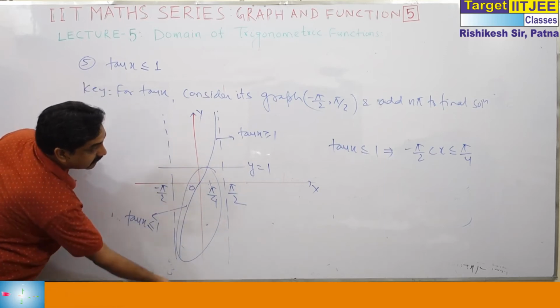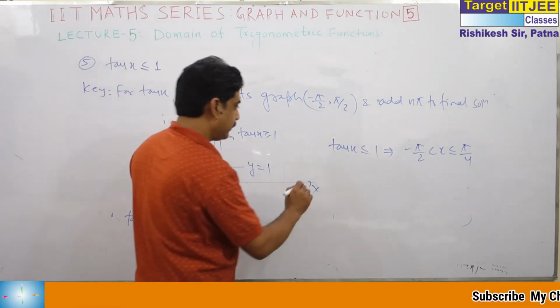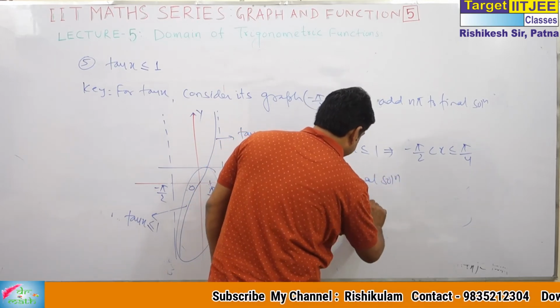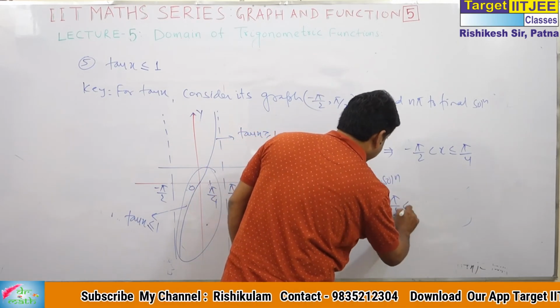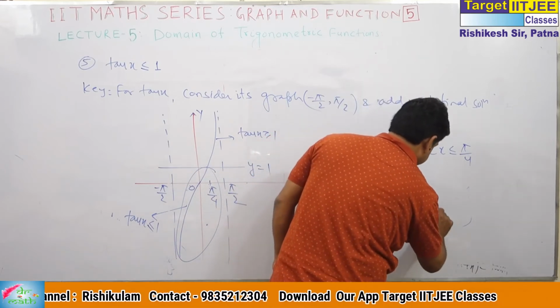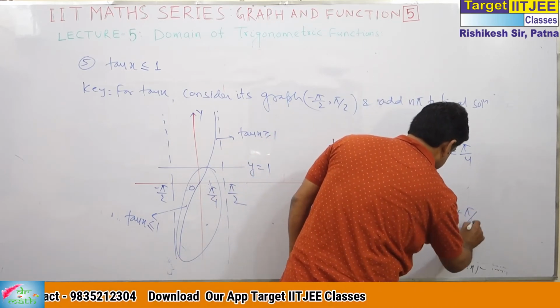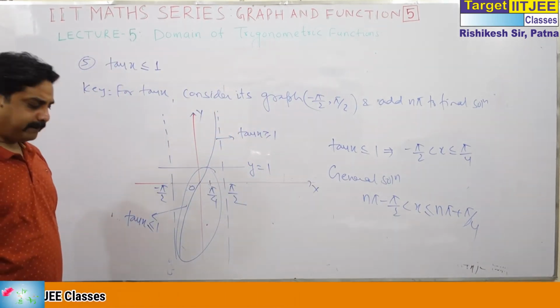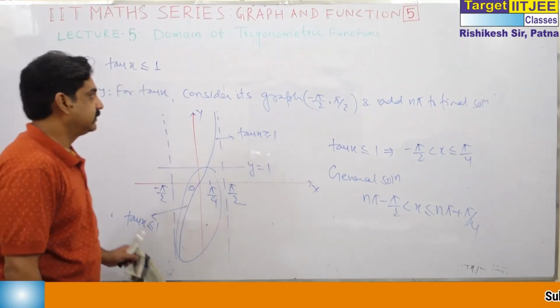We will not take equality at minus pi by 2 because it is not defined. In the general solution for tan, we add n pi. This is the solution. So you have to keep yourself alert.